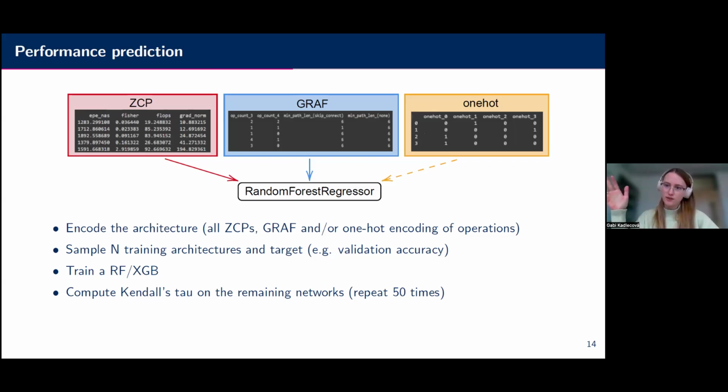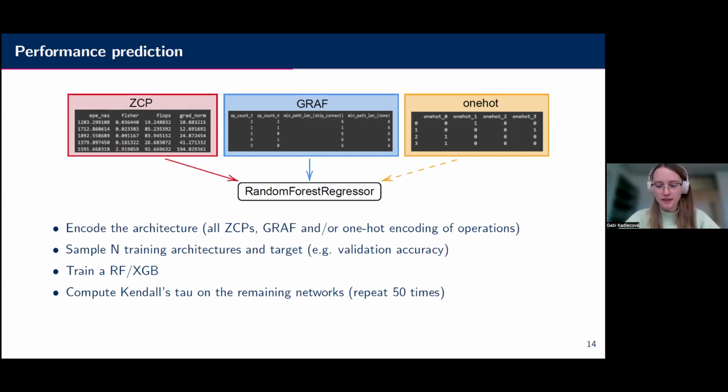Then we'll train a random forest. Later, we also use some XGBoost, but here mostly a random forest because it's fast, so we could do many, many ablations. And then we have the trained surrogate. We will evaluate it on all the remaining networks in the search space and compute the Kendall tau.